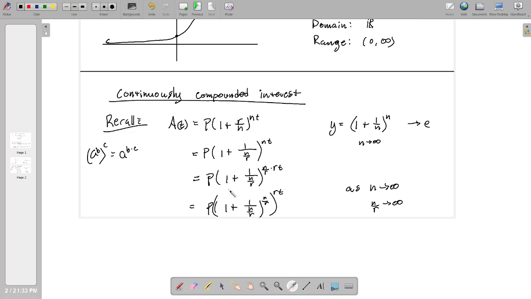If we let n go to infinity, then n over r is also going to infinity. So we're getting that this and this are going to infinity at the same rate, which will mean that this entire term will be approaching e. This will be P times e to the rt, like this. And this will be our new formula for continuously compounded interest.